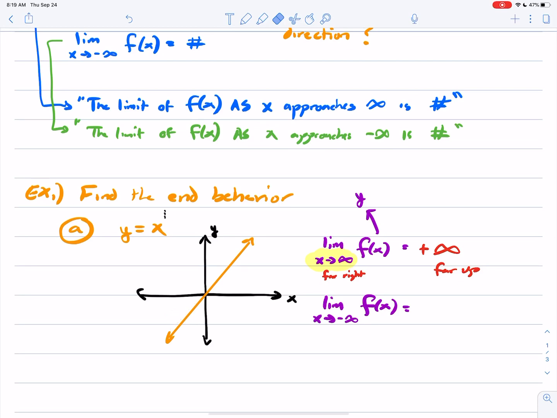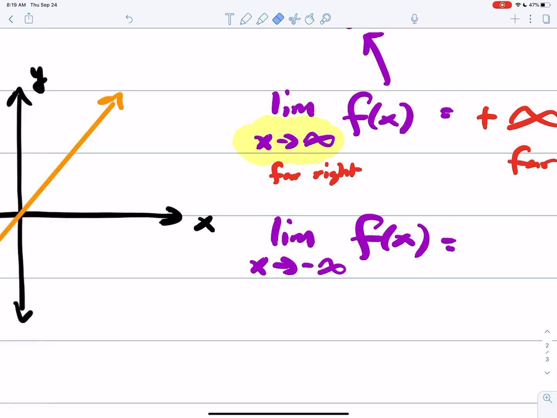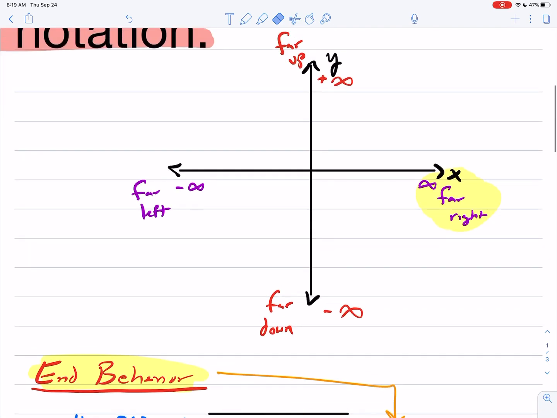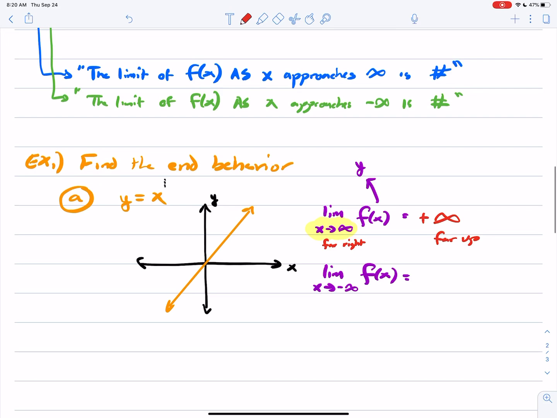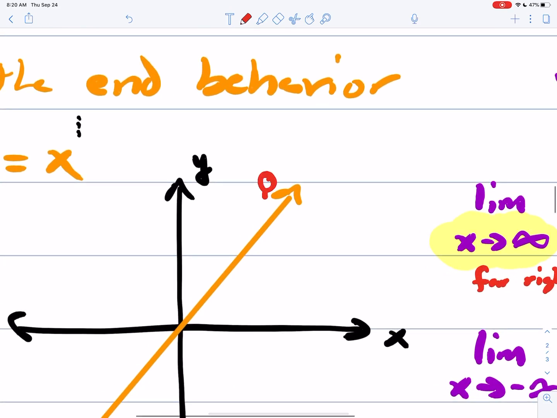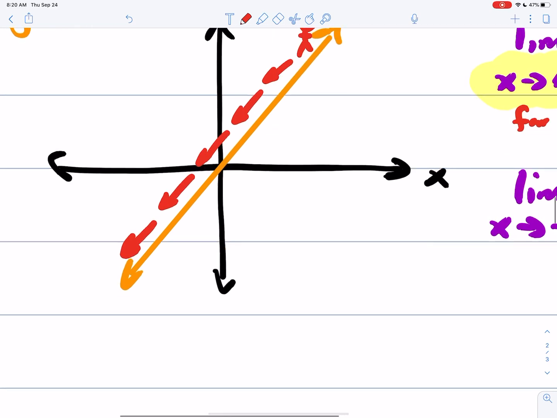All right, let me go ahead and erase all this now. So here in the second one, the limit of f of x as x approaches negative infinity. Remember, when x is approaching negative infinity, you're actually walking far left. So I'm going to have my little one-eyed man up here, and he's going to walk left. As he's walking on this orange graph to the left, he keeps walking downwards and downwards.